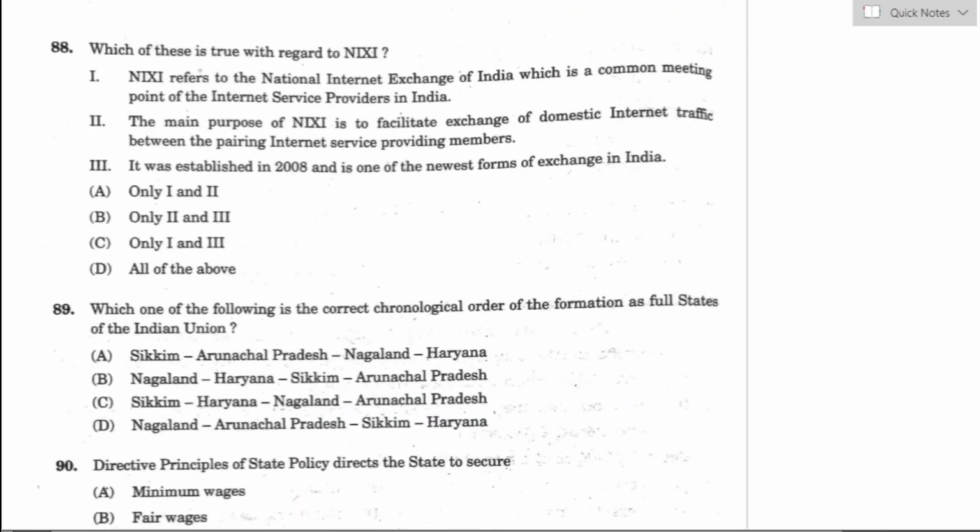Question number 88. Which of these is true with regard to NIXI? NIXI refers to the National Internet Exchange of India, which is a common meeting point of internet service providers in India. This statement is true. Statement 2. The main purpose of NIXI is to facilitate exchange of domestic internet traffic between the peering internet service provider members. This statement is also true.